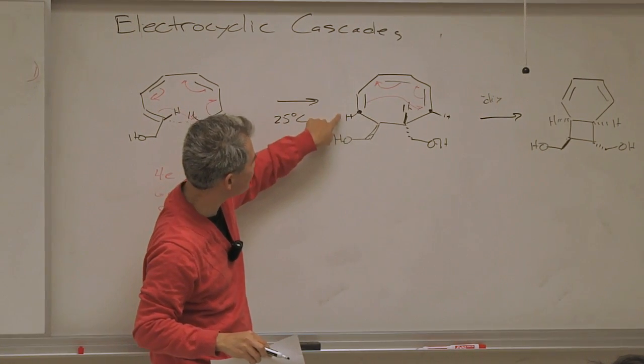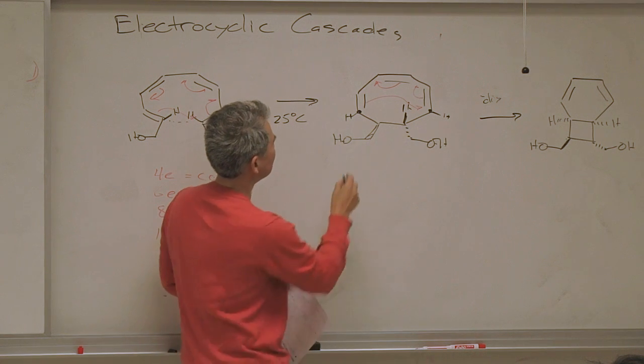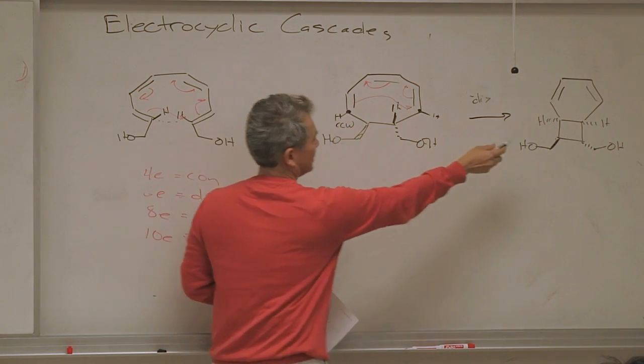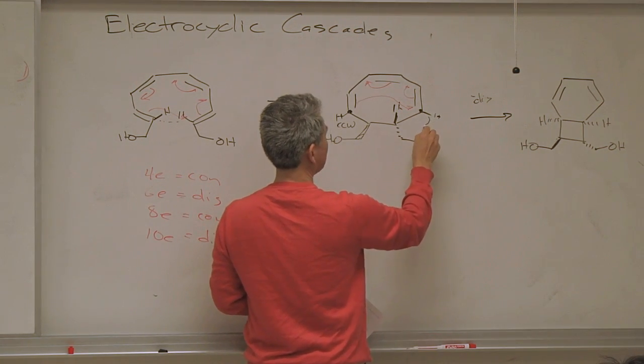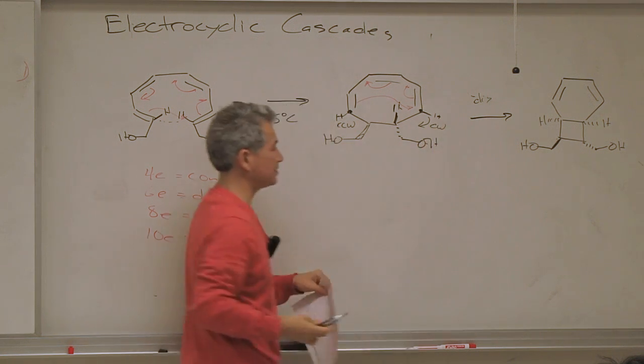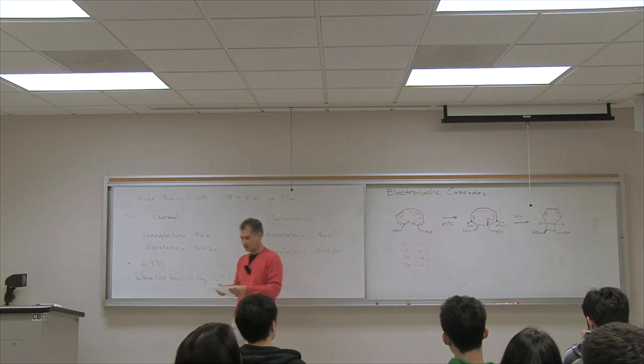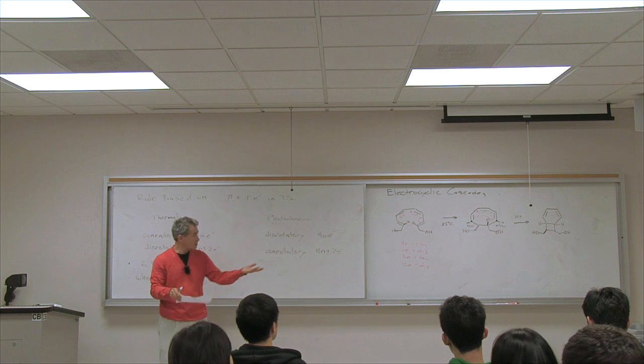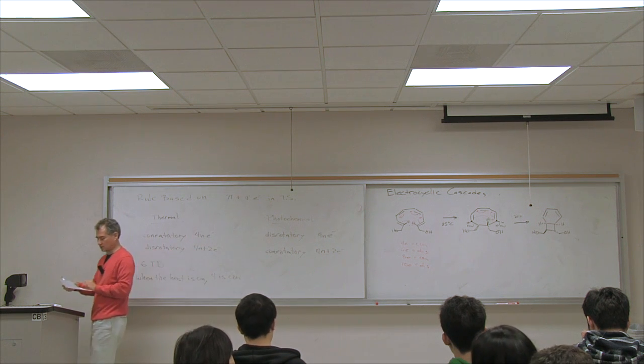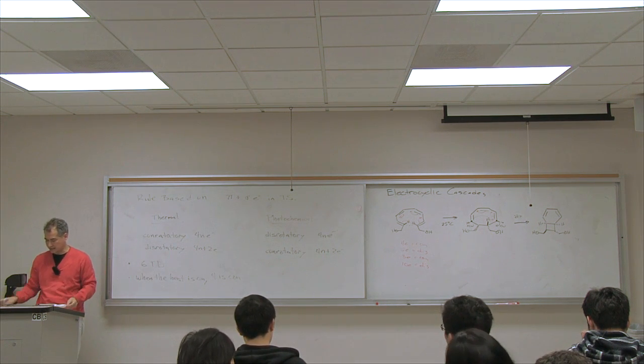Or I guess I'm spinning the H counterclockwise here. And here I would have to spin this H in the opposite direction, which is clockwise. That's what disrotatory means. Okay, and you can isolate this in 55% yield after this 2-electron cascade.